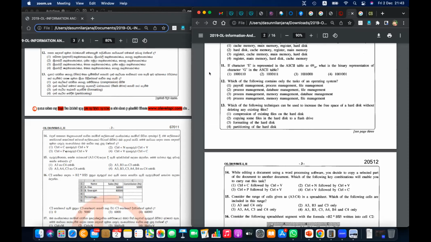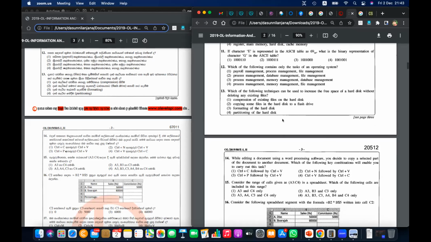Right, question number 12. Payroll management, so which of the following contains only tasks of an operating system? Operating system එකකින් payroll පඩි ගැන වැඩ කරන්නේ නැහැ නේද? Process management, database management, file management, yes. But database management, there's a problem. Database is an application.